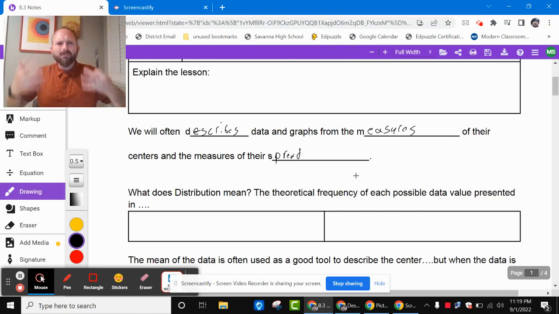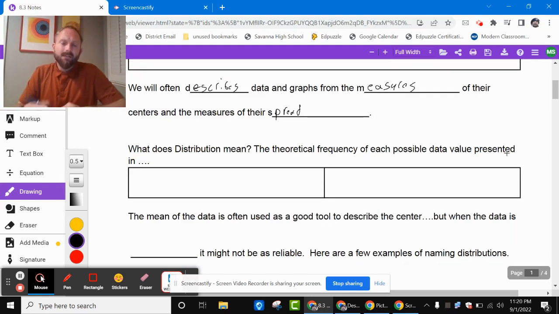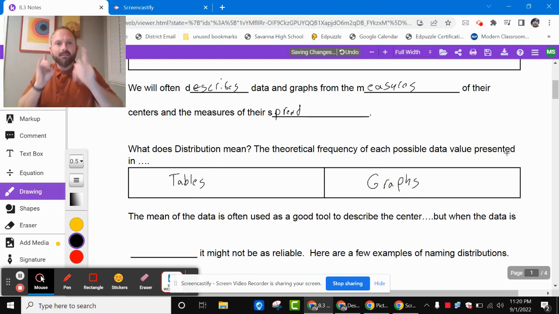So, how can we present this? Now, there's two normal ways we present this. The theoretical frequency distribution, the theoretical frequency of each possible data value, is presented in two main ways: tables and graphs.